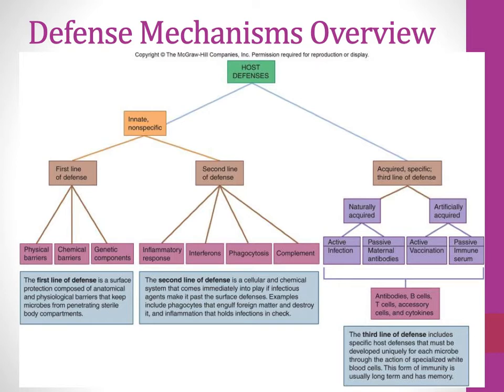And especially when the first line of defense has been broken. Okay. And then with our adaptive, this is what we would call our third line of defense. So this is what our lymphocytes, our B cells and T cells are doing. B cells produce antibodies. And so again, it's the response of these B cells and T cells and their products and what effect they have on the immune system.